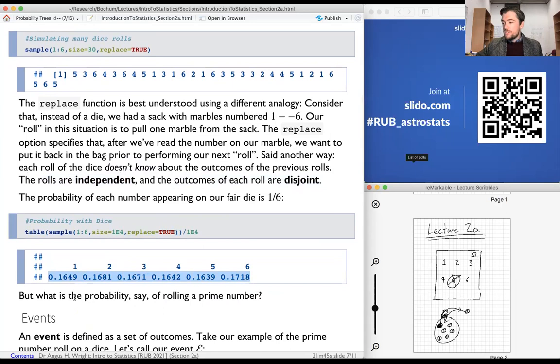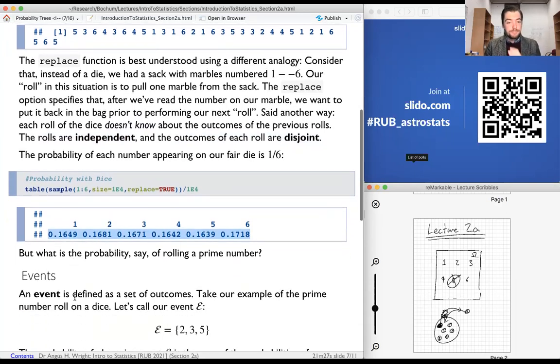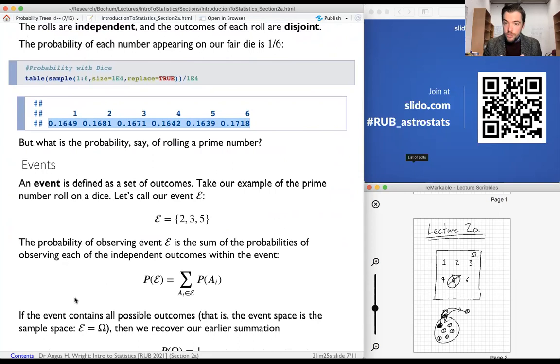What about now if instead of asking what is the probability of observing a single value, we want to know the probability of observing a set of values? Let's say that we want to know the probability of rolling a prime number with a single roll of a dice. So this is where we introduce the concept of events. An event is defined as any set of outcomes.